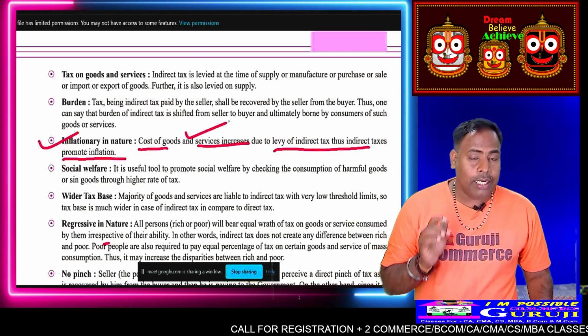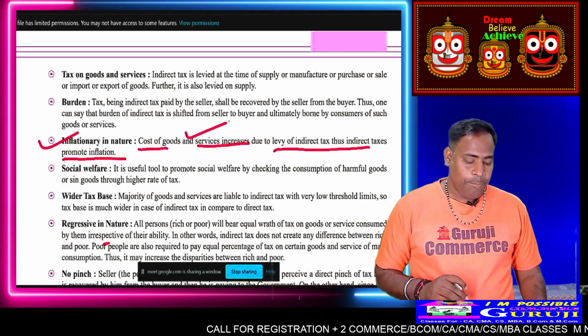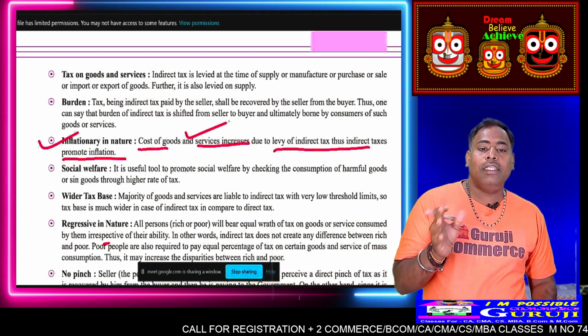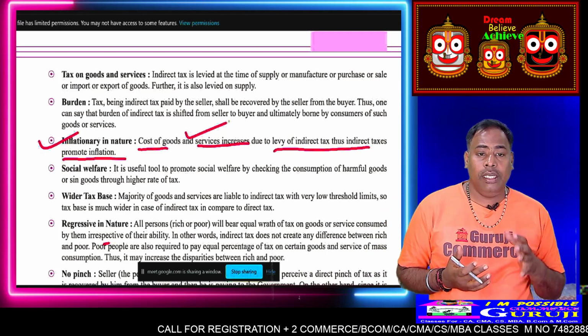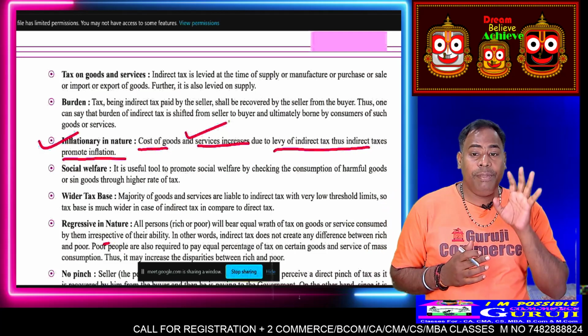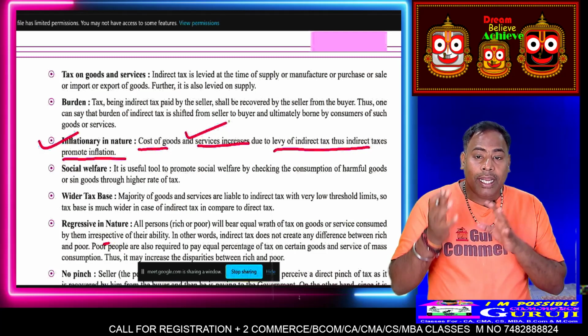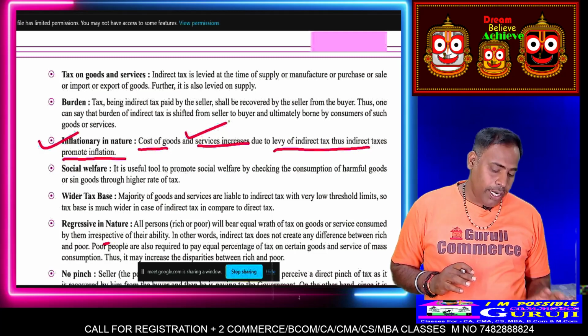That is inflationary in nature. But after the introduction of GST, that cascading effect has been eliminated by taking input tax credit. Am I right?